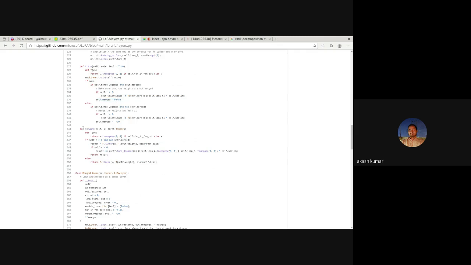So when that input comes to the forward, this thing becomes not false. So at train time this thing executes, and at test time this is not executing. And if we toggle the mode from train equal to true to train equal to false, since it was last training, this not self.merged becomes true, and at test time we are adding this value to the weights.